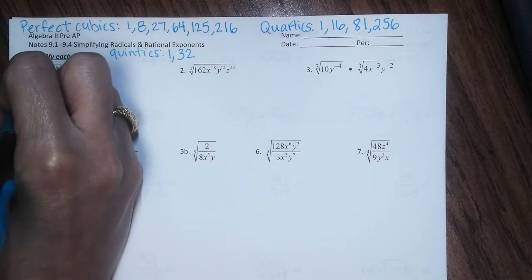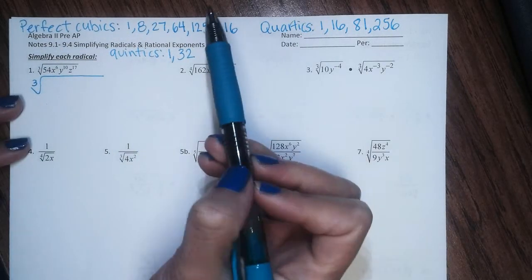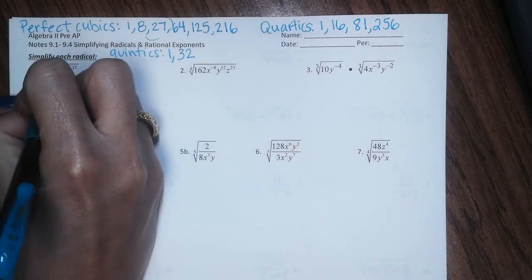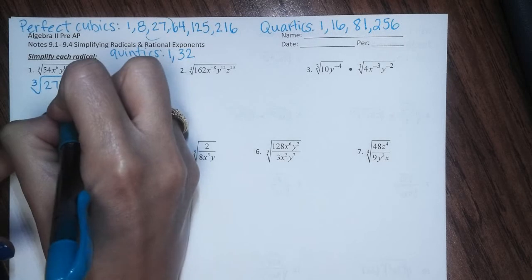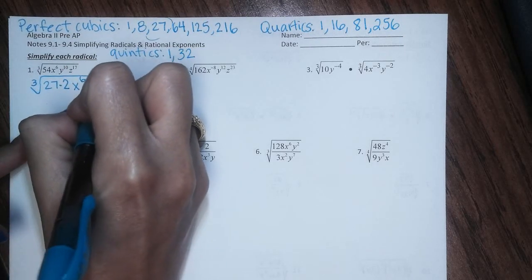So instead of writing it as 54, I'm going to rewrite this as 27 times 2, because 27 times 2 is 54. And then the rest is just going to stay the same: x to the 6th, y to the 10th, and z to the 17th.